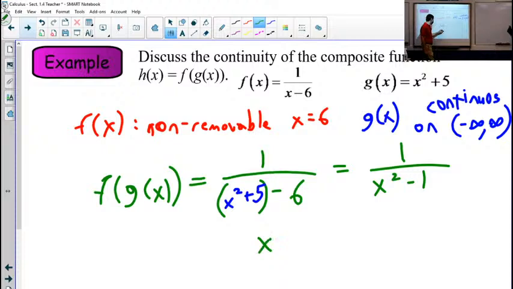And so we have issues at positive and negative 1. Are they removable or non-removable? Non-removable.